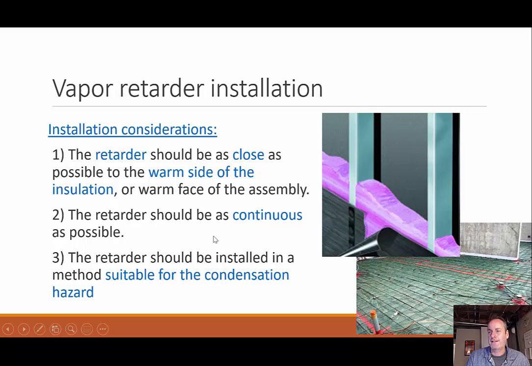The retarder should be as continuous as possible. That should make sense, right? Because if I have a vapor retarder and there's a gap in there, then of course it allows moisture to go through that gap. And it should be installed in a method suitable for the condensation hazard. What kind of condensation are you dealing with? And that may affect the installation.